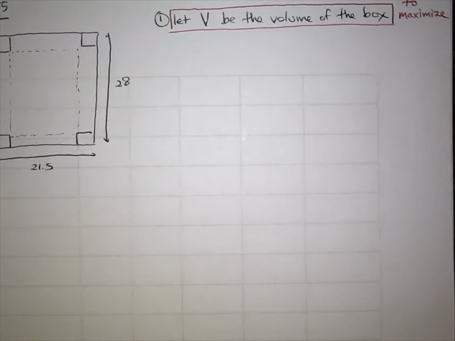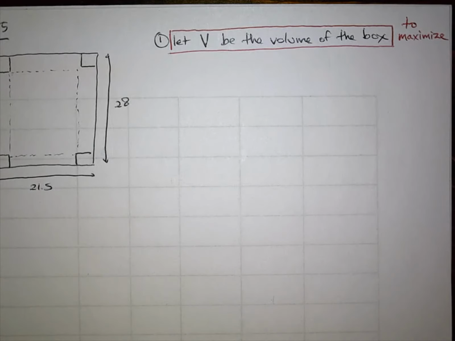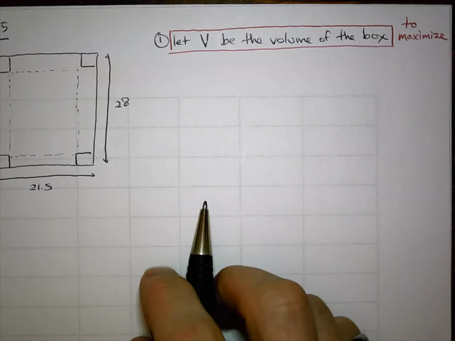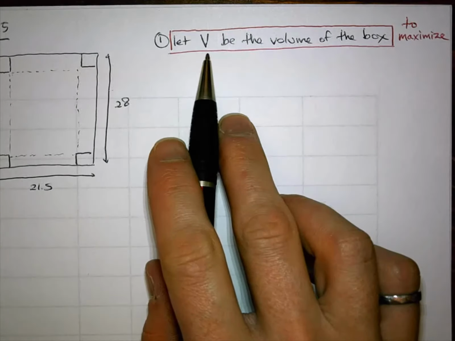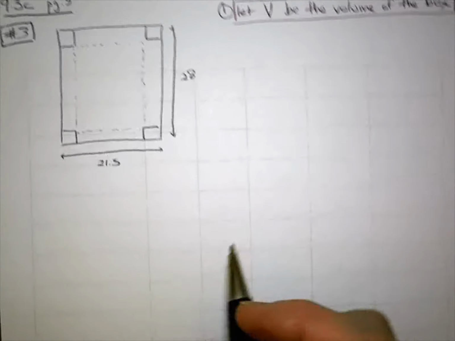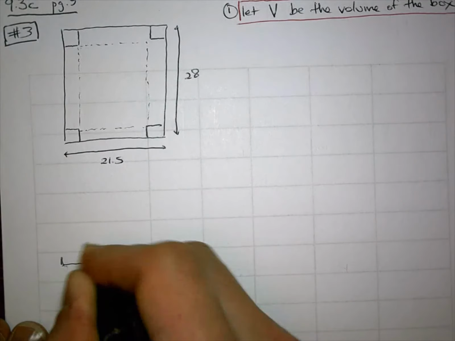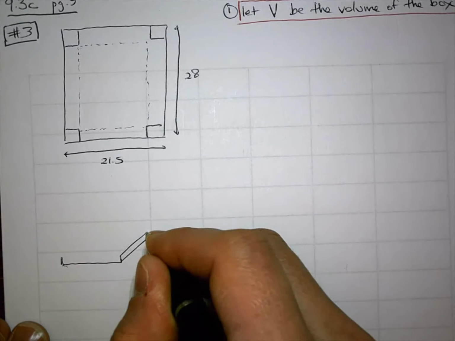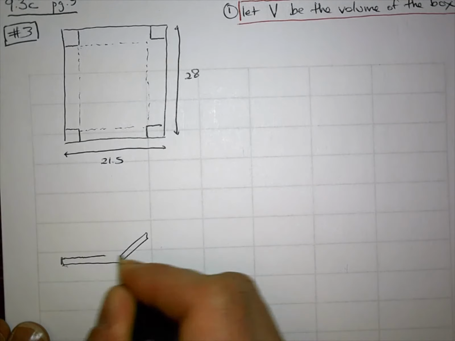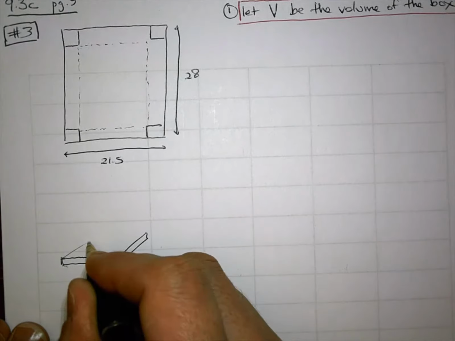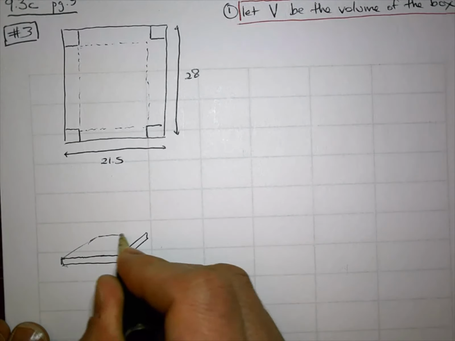Maximum volume. Oh boy. Okay, so what are the other variables? Well, let's just think about the box that you're drawing. Would it help if I draw a little sketch here? First year engineering drawing class.